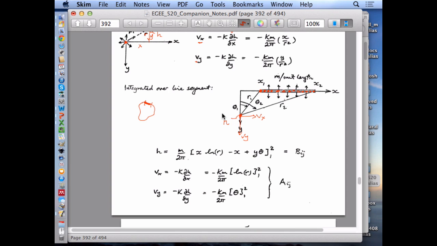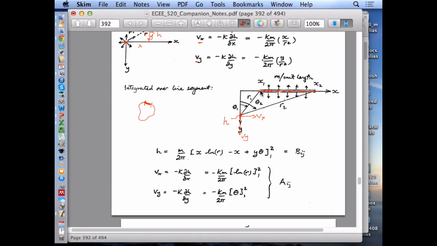So if you integrate this expression, you get magnitudes for the integrated effect on what the head is at this point, what the velocities in x and y are at this point, and it's just done by integration. So these are the integrals, these are the limits. So this would be the values of the properties at points 1 and 2.